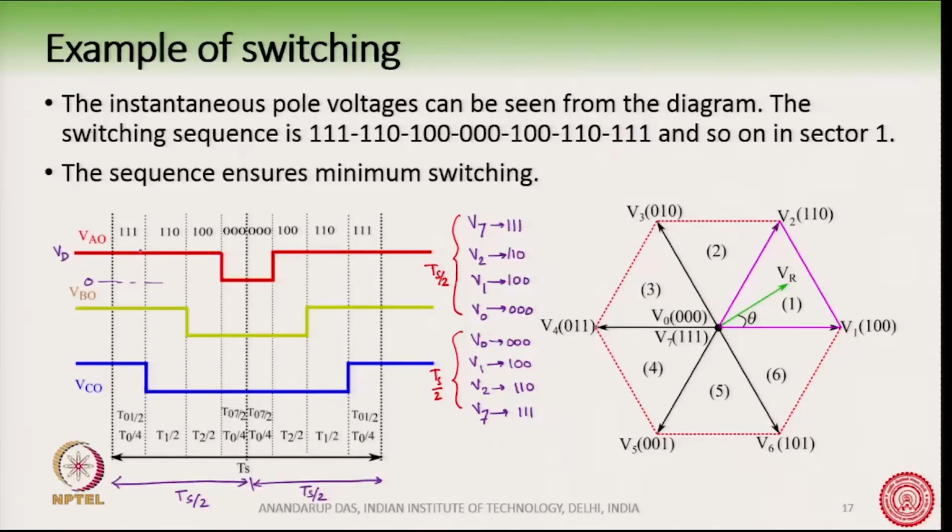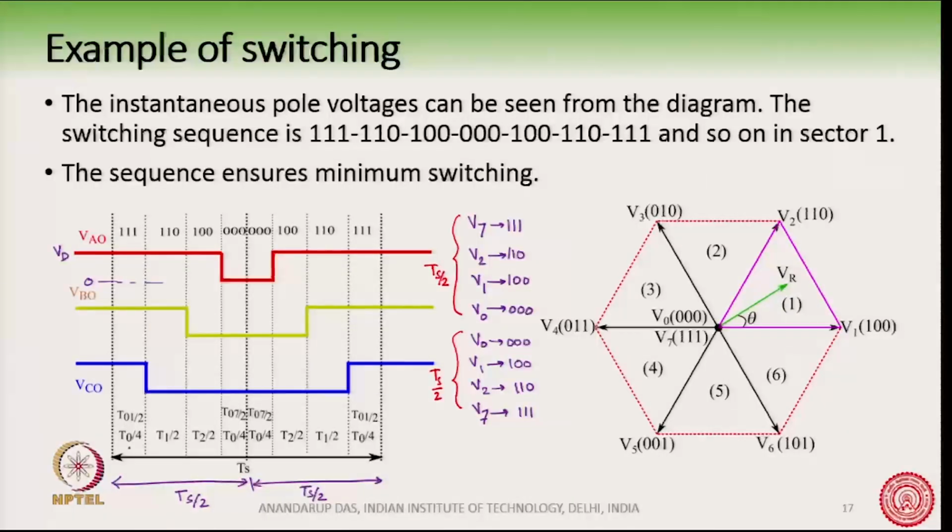The pole voltages, for example, in the first interval we have V7 vector, which means we have applied 1 1 1. So, during this first Ts by 2 period, the first interval is T07 divided by 2, because now we have divided the whole Ts period into Ts by 2 and Ts by 2.